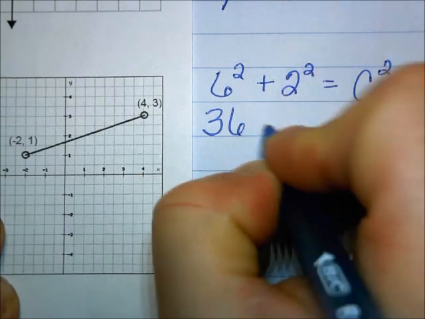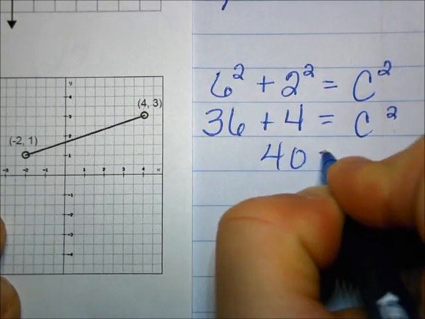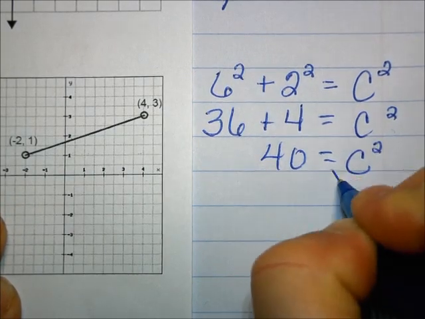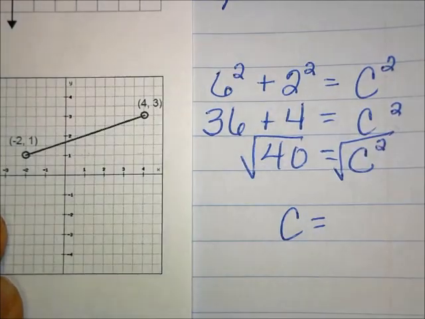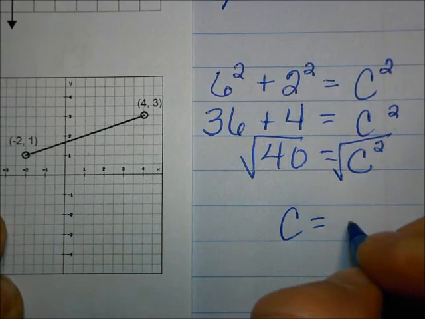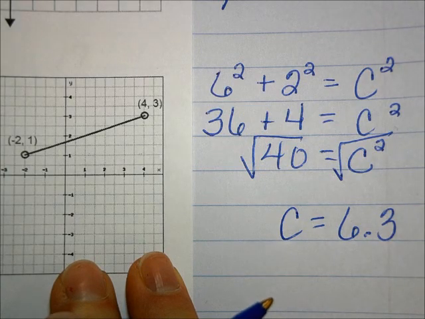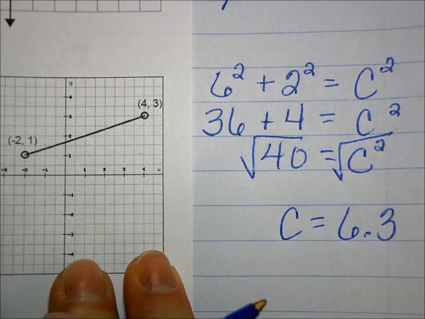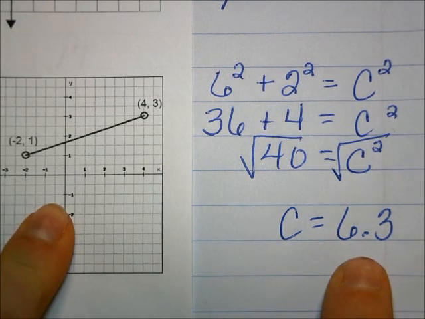So now I have 36 plus 4 equals c squared. That is 40 equals c squared. I take the square root of both sides. The square root of 40, we're going to round to the nearest tenth, just because that's what we've been doing lately. That means that the distance from -2, 1 to 4, 3 is 6.3.